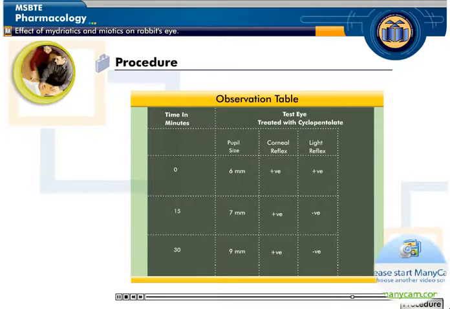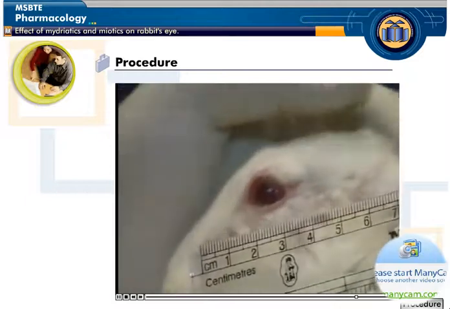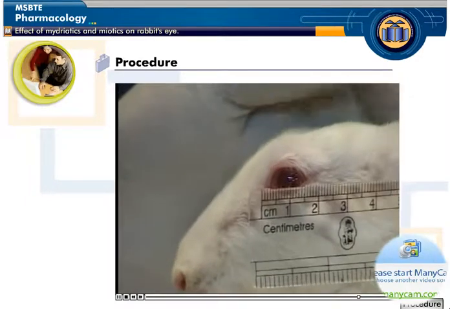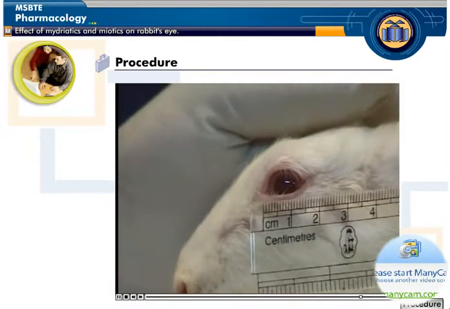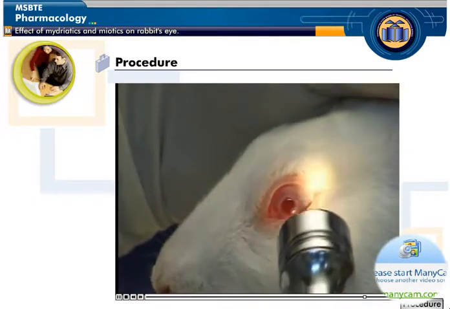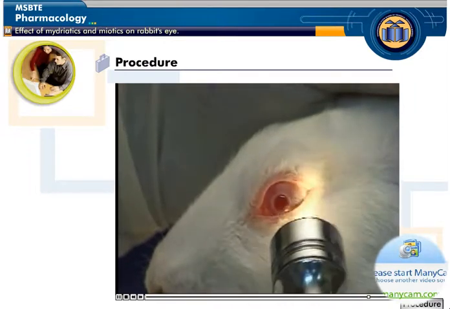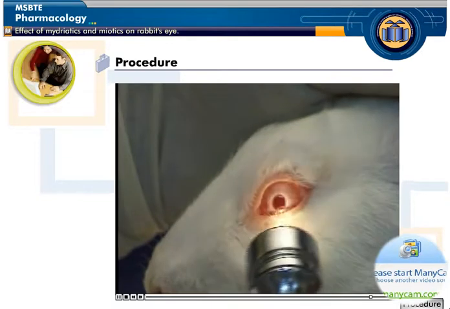You will notice that the pupil size in the test eye increases as compared to that of the control eye. You will also observe that the light reflex is lost. This means that cyclopentolate is a mydriatic.